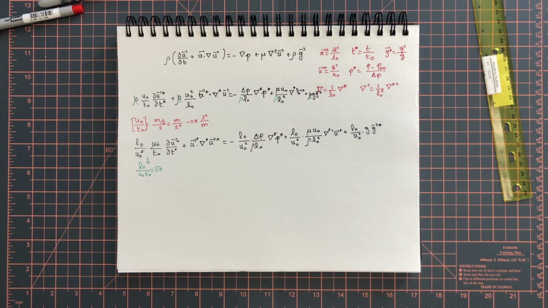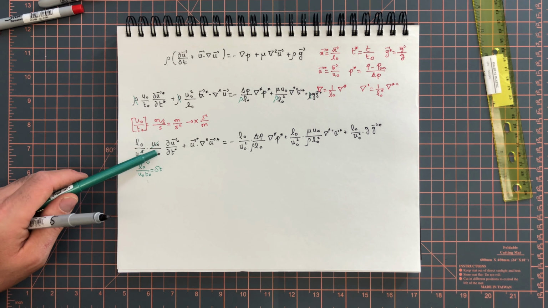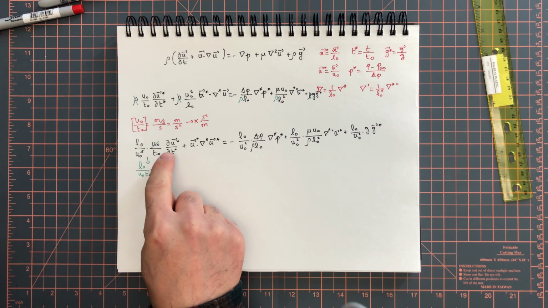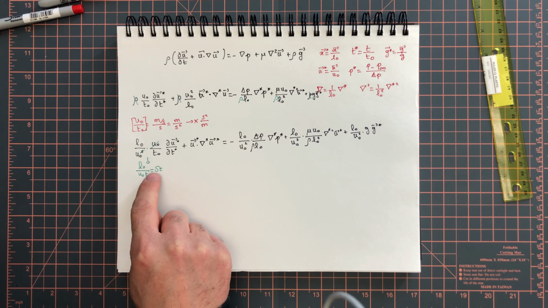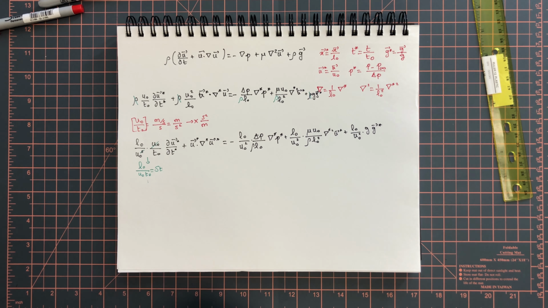But for steady cases, the Strouhal number would typically be 1, or for a steady state case, it would just be very, very small, so that would kill this time-dependent term. And this is a great way to generalize the equation, and we will see later on how we can compare terms and say if the transient term is important, then the Strouhal number needs to be 1, and therefore T0 needs to be equal to L0 over U0.